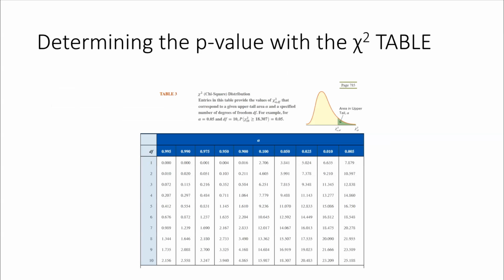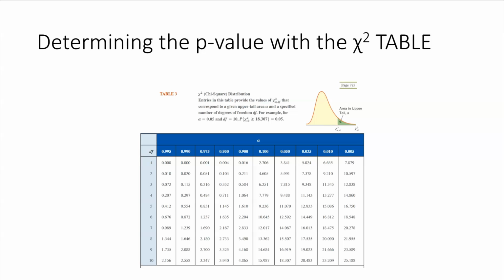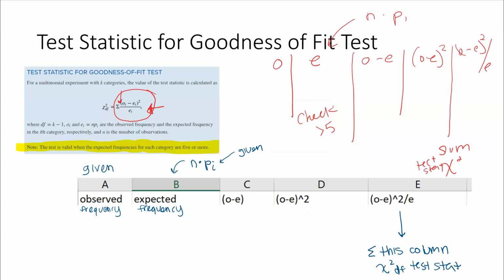And so there are two ways to find the p-value. You can use the chi-squared table or you can use Excel. And we will use Excel, but I'll just briefly talk about the table if you want to use it. It is in your textbook. And you find the degrees of freedom here. So let's go back here. Our degrees of freedom is k minus 1.